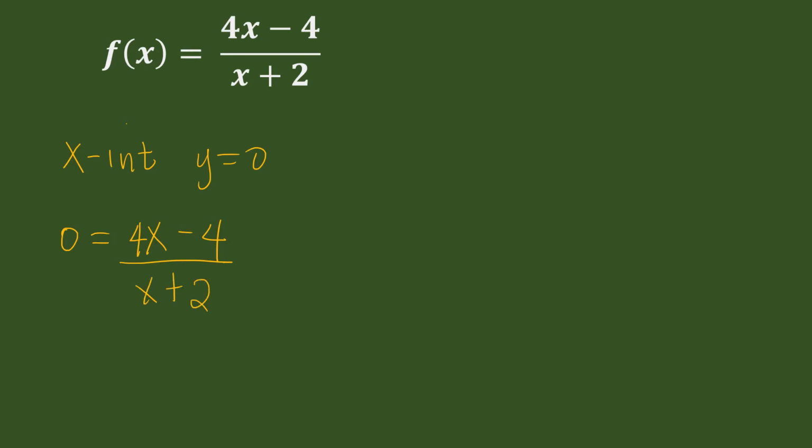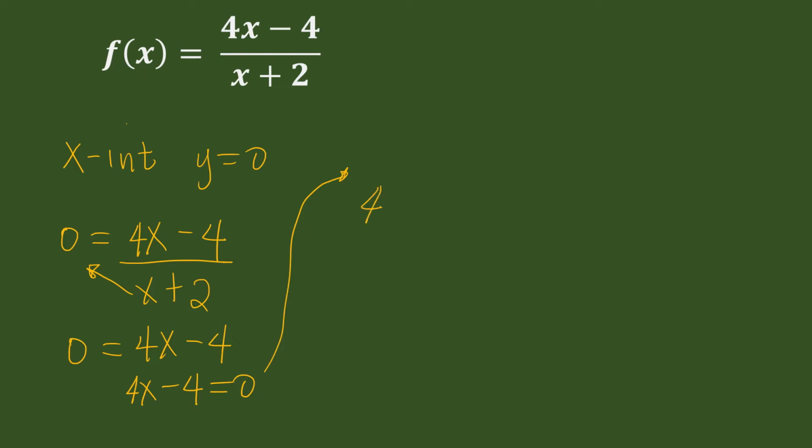Then we multiply both sides by x + 2, so that 0 = 4x - 4, or simply cross multiply the numerator against the denominator of the other side of the equation. So now 4x - 4 = 0, so 4x = 4. Solving for x, we divide both sides by 4, so we have x = 1. So we have there our x-intercept.